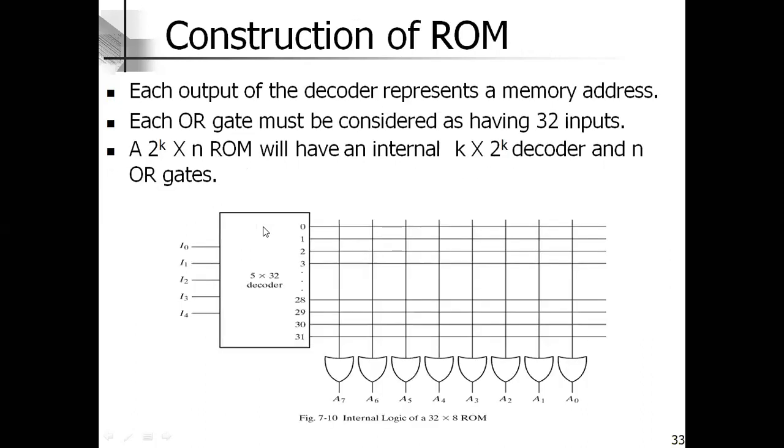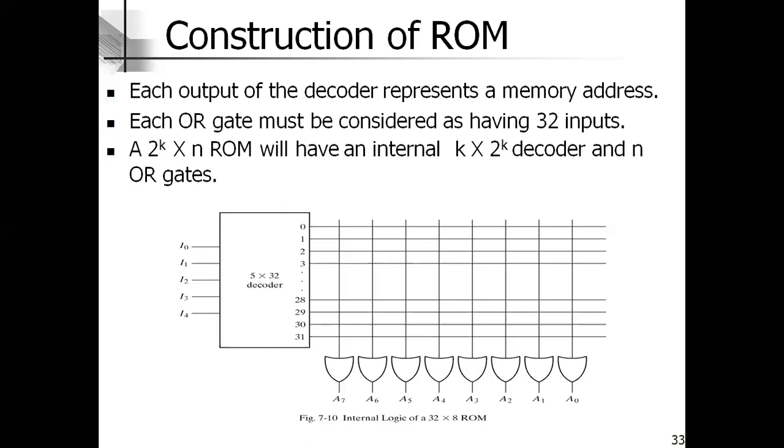Here we consider one example, that is a 32 by 8 ROM. This is the logic diagram for a simple statement. You have to draw the internal logic diagram for the statement 32 by 8 ROM.